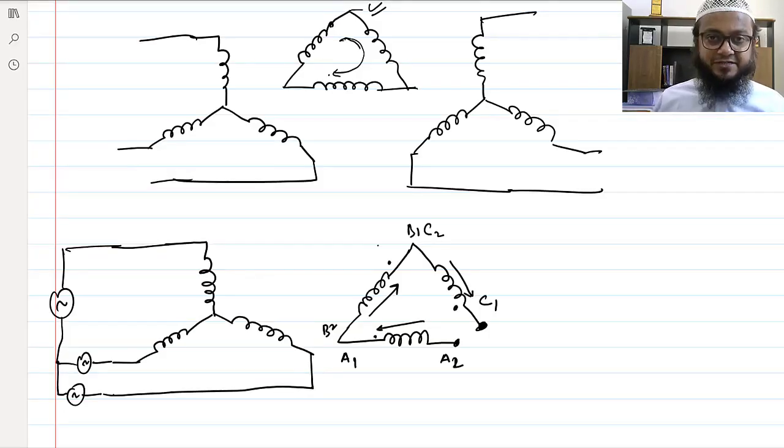Obviously, we have seen in one of the previous lectures on the delta connection that if it is a perfectly delta, the voltage between VA2 and C1 should be 0, right?